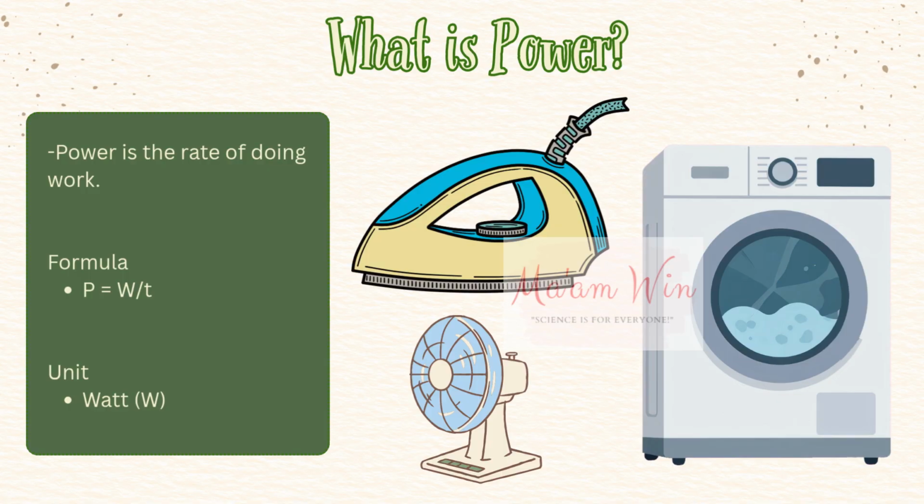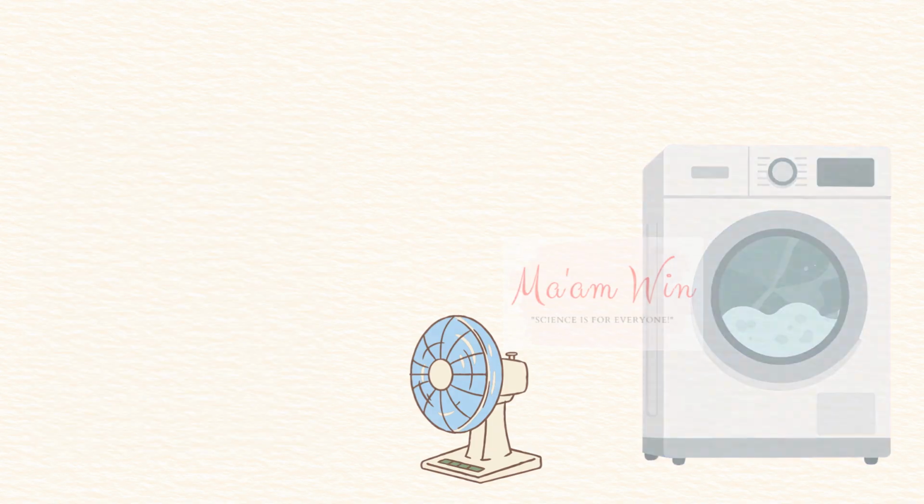The SI unit of power is the watt. It is named after the Scottish engineer James Watt. A machine that performs the same amount of work in less time has greater power.